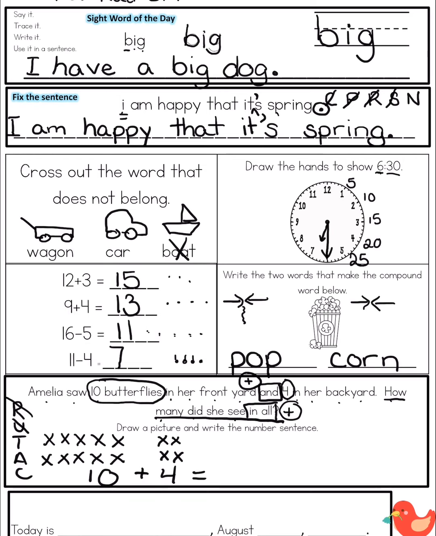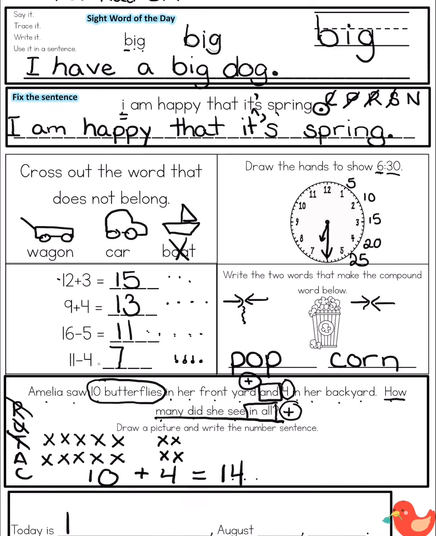Now, if I'm not good at 10 plus 4, I can attack it and just count the butterflies. Or I can count on like I did up here with 12 plus 3: 10, 11, 12, 13, 14. So she saw 14 butterflies in all.